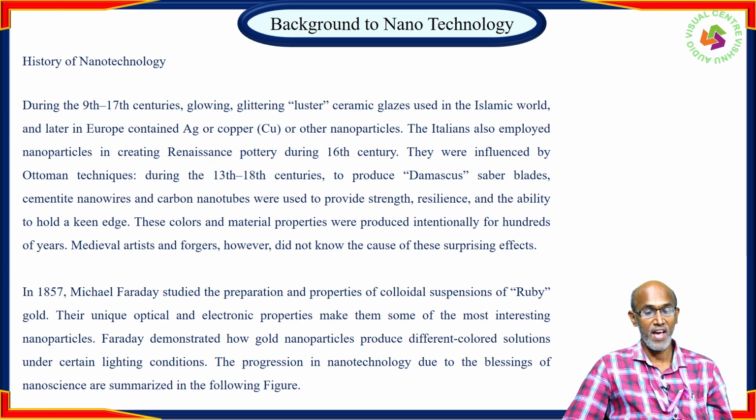Cementite nanowires and carbon nanotubes were used to provide strength, resilience, and the ability to hold a keen edge. These colors and material properties were produced intentionally for hundreds of years. Medieval artists and forgers, however, did not know the cause of these surprising effects.